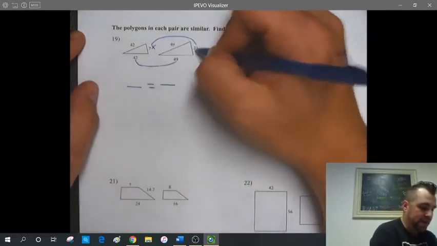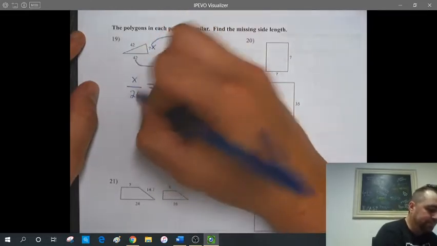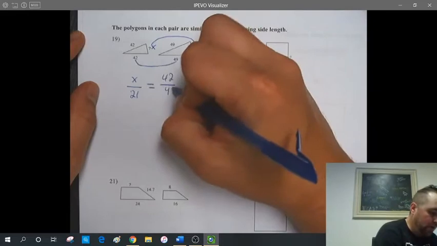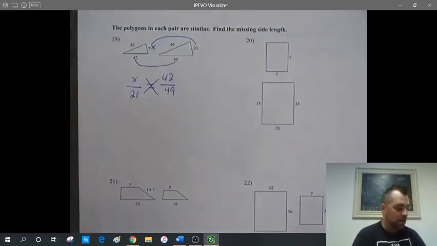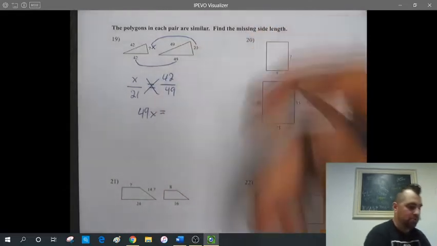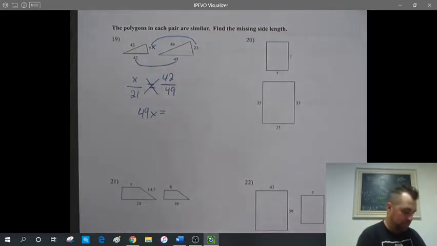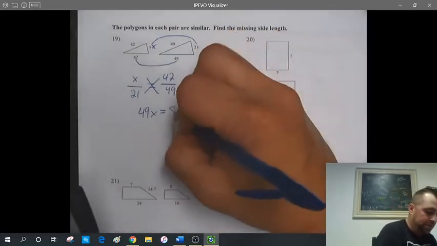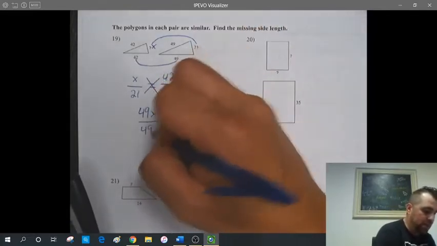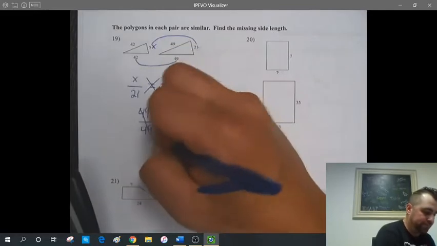But if I say that x is to 21 as 42 is to 49, now I can cross multiply. Now I'm going to get 49x is equal to 42 times 21, which gives 882. And now divide both sides by 49 to get x by itself.